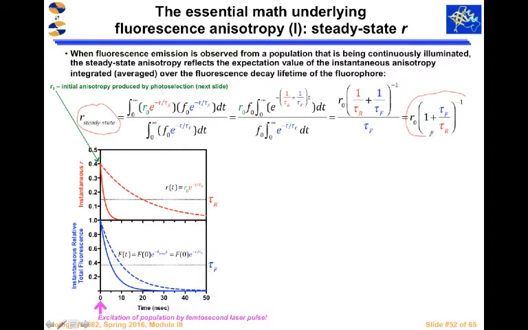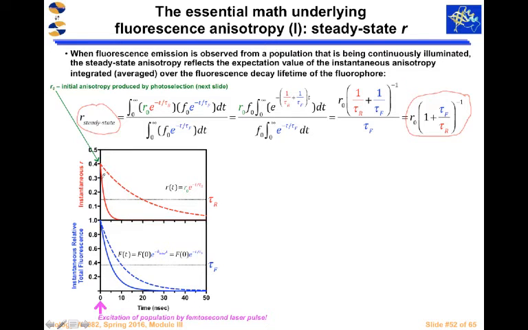The steady-state anisotropy is a simple mathematical function of the photoselection anisotropy. That's the maximum anisotropy you can get when the population is initially excited because of something called photoselection, described briefly in the overview presentations. You can only get a certain maximum value of anisotropy.